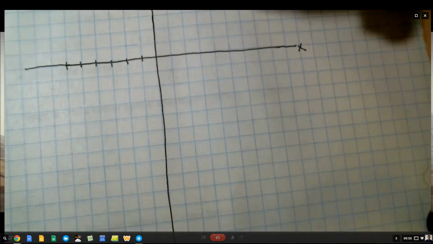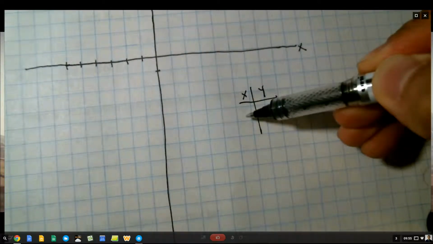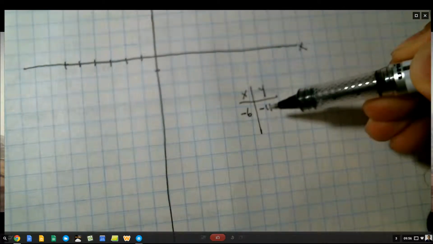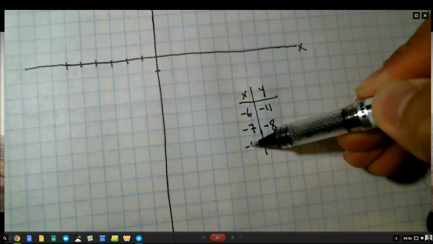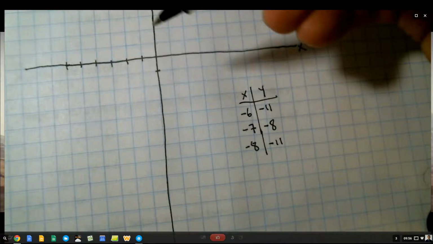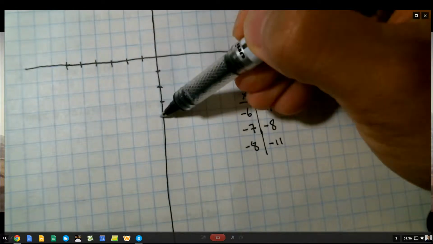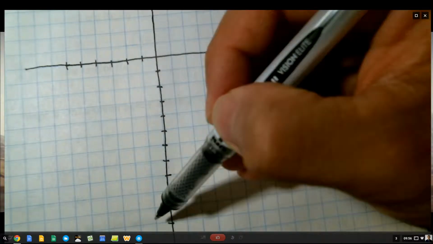At negative 6, we said it was negative 11.